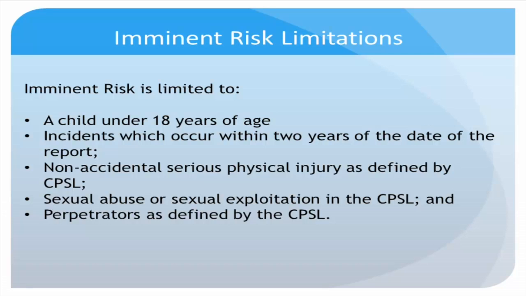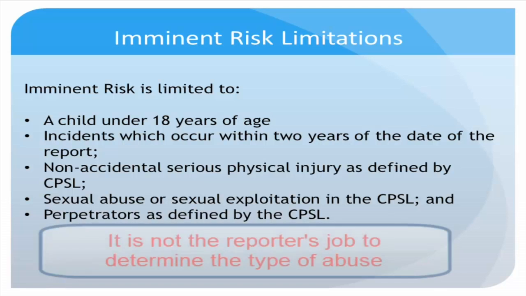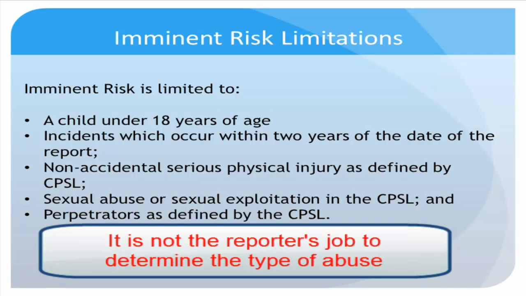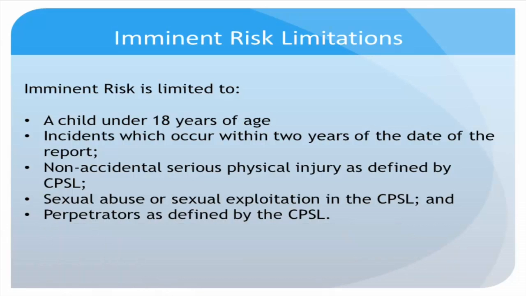While we have reviewed the definition of the 5 categories of child abuse as defined by the CPSL, remember, it is not the reporter's job to determine the type of abuse. The standard for mandated reporters is simply, if there is a reasonable cause to suspect child abuse, report it. The county agency will do the investigation.